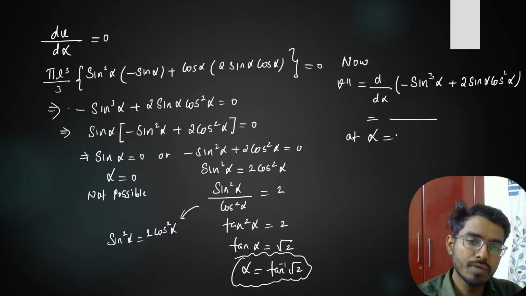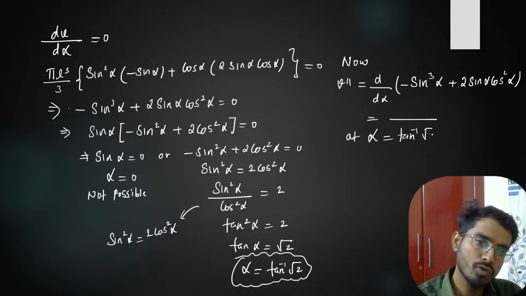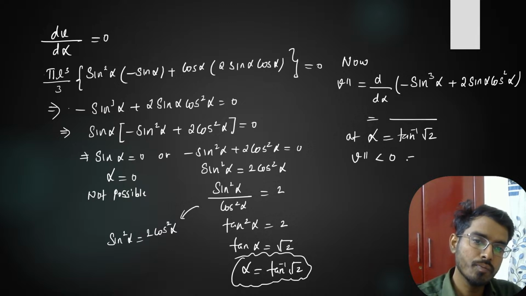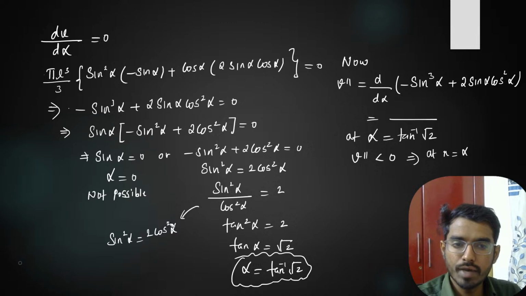At alpha equal to tan inverse of root 2, you substitute this point here, or else whenever you see sine square alpha, you substitute this here. We see that v double dash will be less than 0.